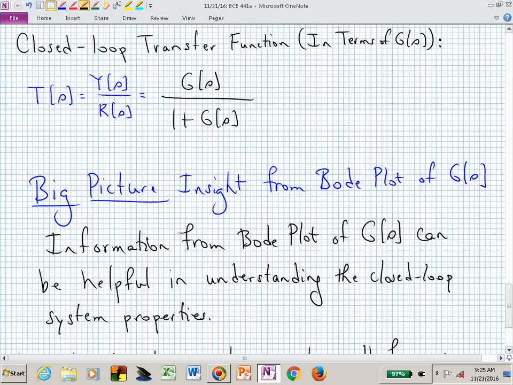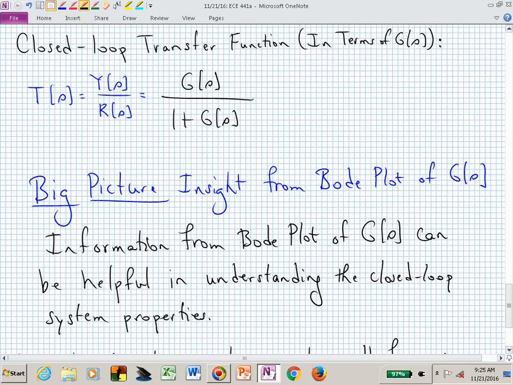And what is this closed loop transfer function? It tells us the gain that we will experience in going from the input to the output. What happens between the reference input and the output at low frequencies if we have a big magnitude for our transfer function?